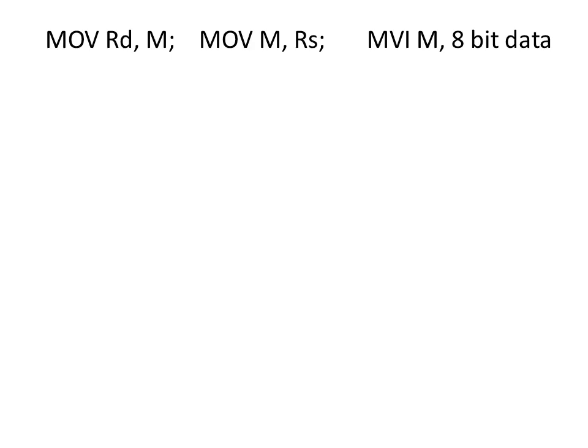So we have three instructions shown here with MOV RD comma M, which means your memory is the source. Next one is MOV M comma RS, where memory is the destination, and another one is MVI M comma 8-bit data, where 8-bit data will be loaded into the memory location whose address is specified in the HL register pair.